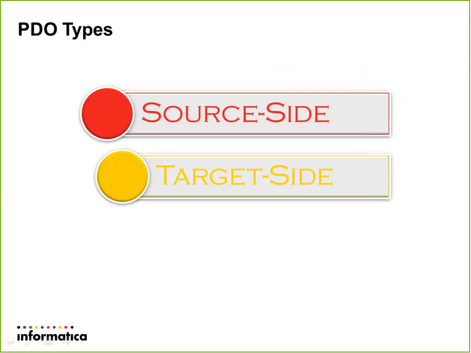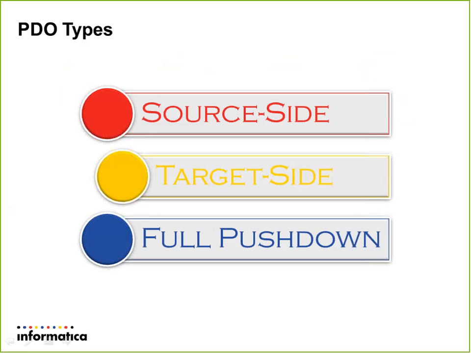Similarly, as much transformation logic is pushed to the target database, it is an option called target side, and the full pushdown optimization would attempt to push all transformation logic to the target database. If integration service cannot push all the transformations, it performs both source side and the target side pushdown optimization, processing any remaining transformations that cannot be pushed down.